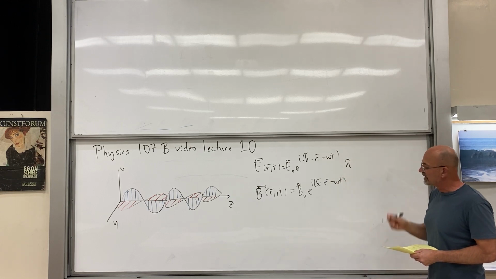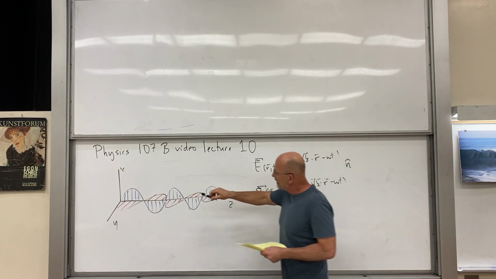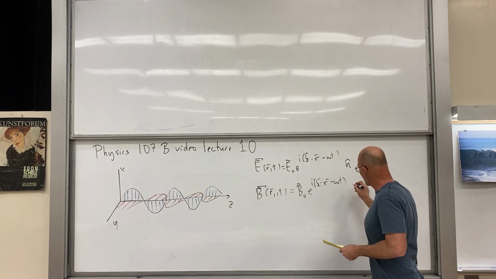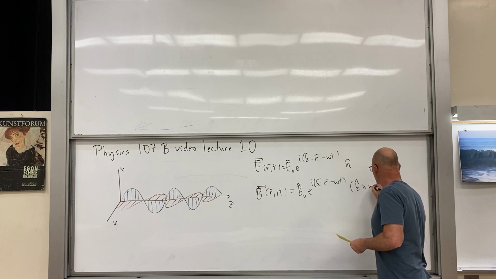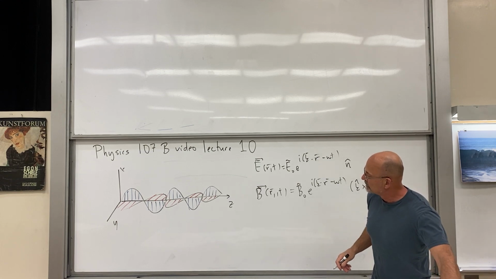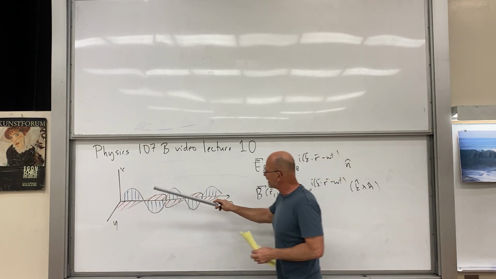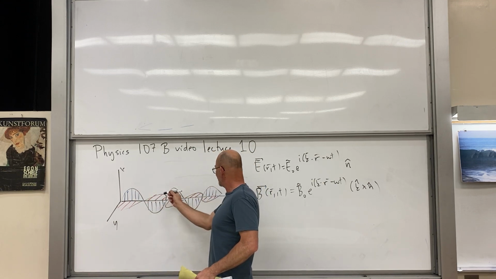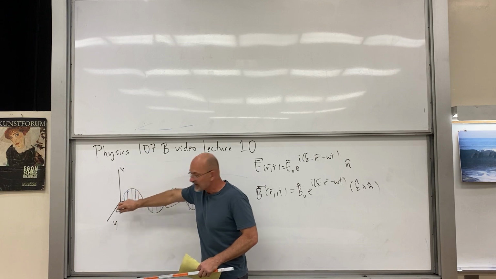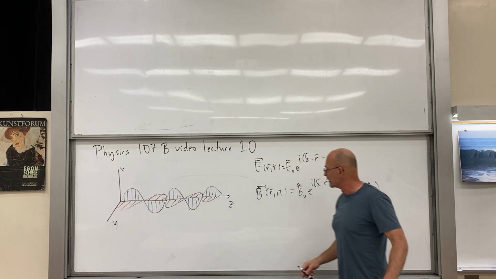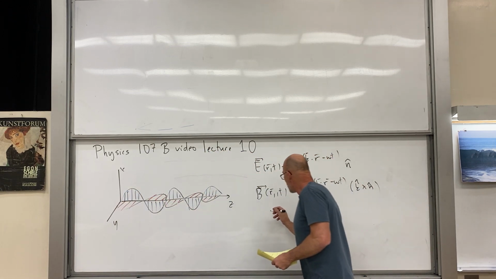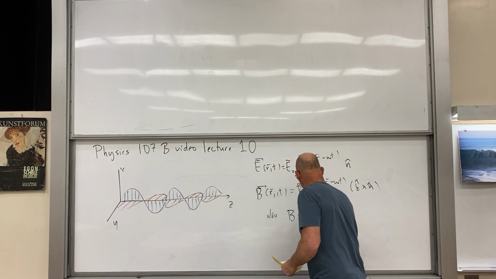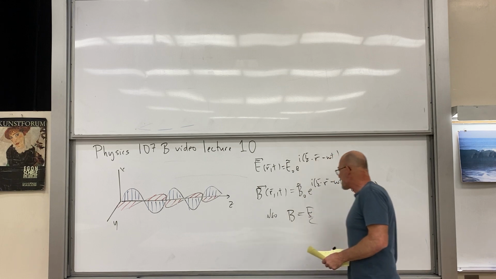Now the direction here, the k hat is in the direction of propagation. So if I write k hat cross n hat, and you look right here, z hat crossed into x hat is coming out of the board. Okay, so that's right. Also, generally, we have magnitude E divided by c.